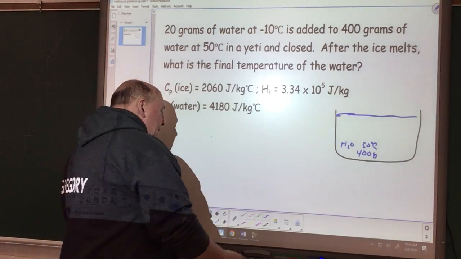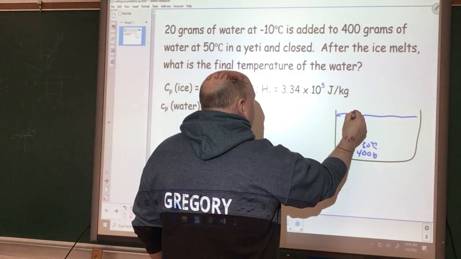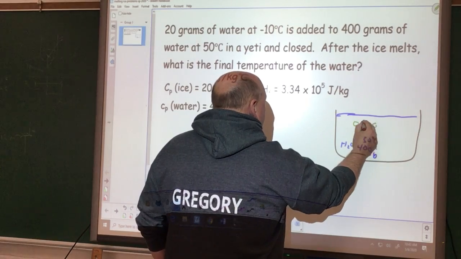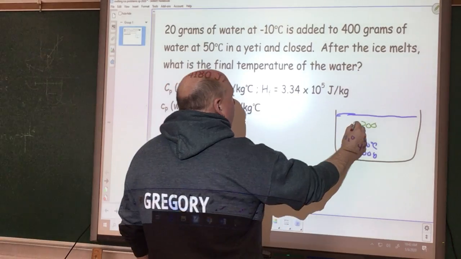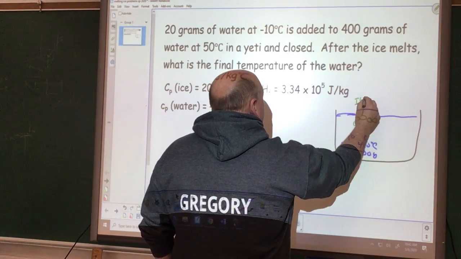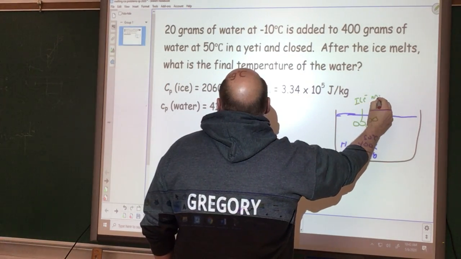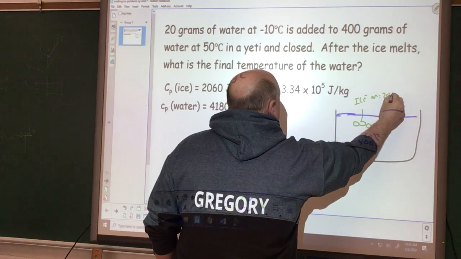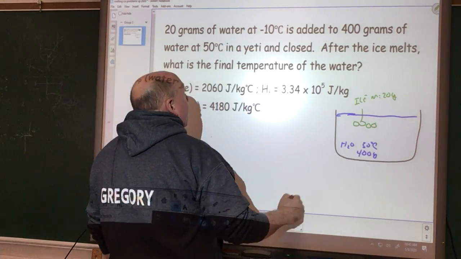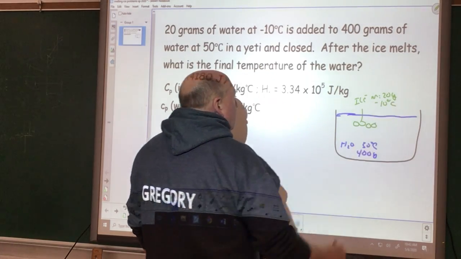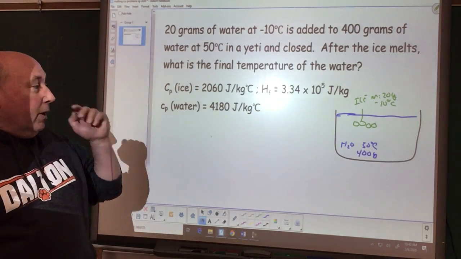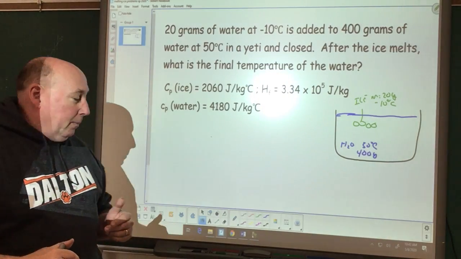And then we drop in these ice cubes, and the mass of the ice is 20 grams, and this is at negative 10 degrees Celsius. And we want to know what's the final temperature going to be.